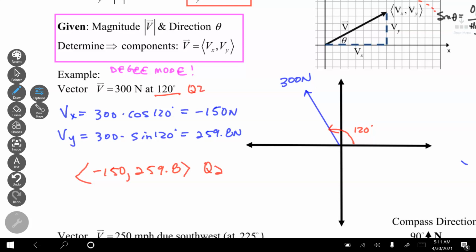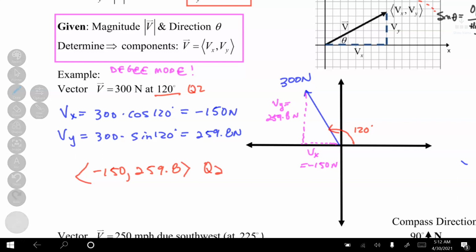They do match. You should always make sure that happens. And I even drew my x and y components on the picture in pink, as you can see, to match up what I have. And that's all we're doing. What we did last class was we had x's and y's, and we made magnitude and direction. Now we have magnitude and direction, and we're going to make the x and y components.